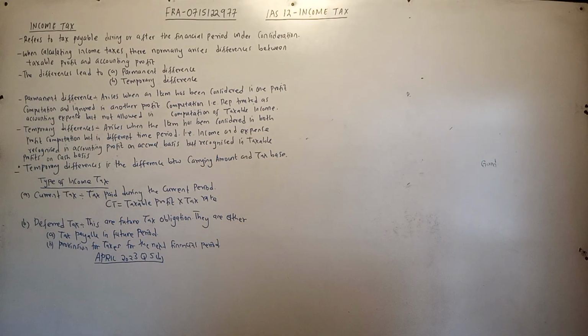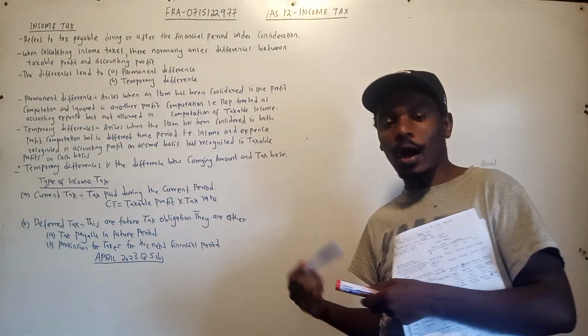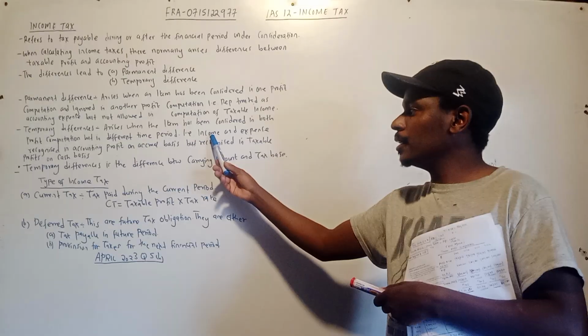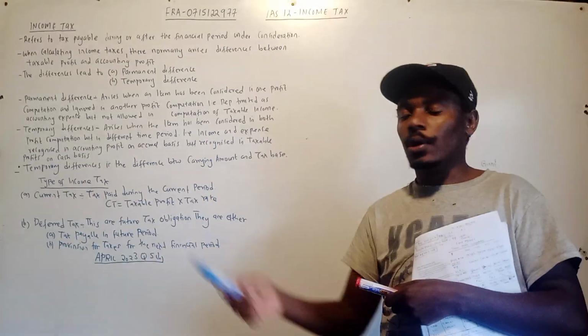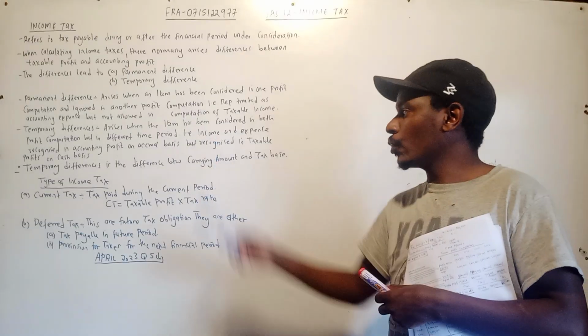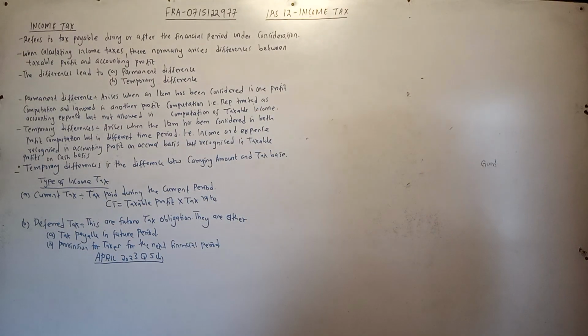A good example is the income and the expenses. Income for accounting is considered on accrual basis, but when it comes to computation of tax, it is recognized on cash basis. So it is a different time period, but the same item is considered.